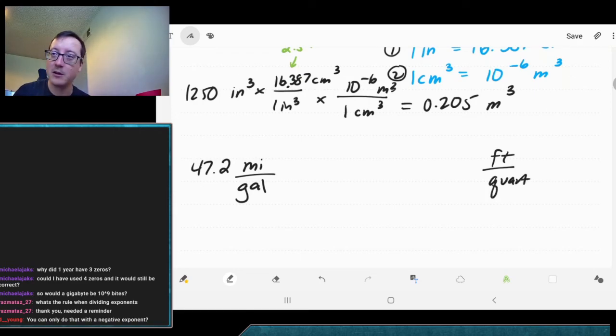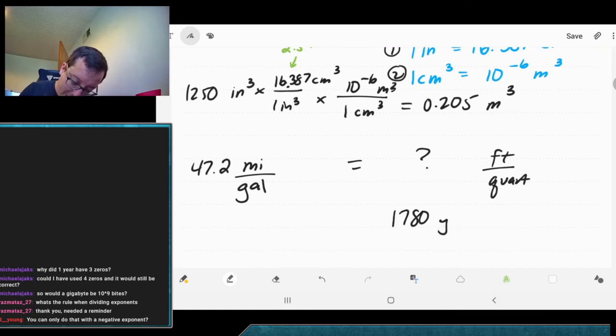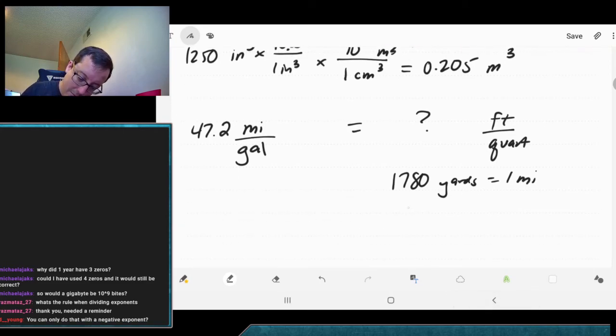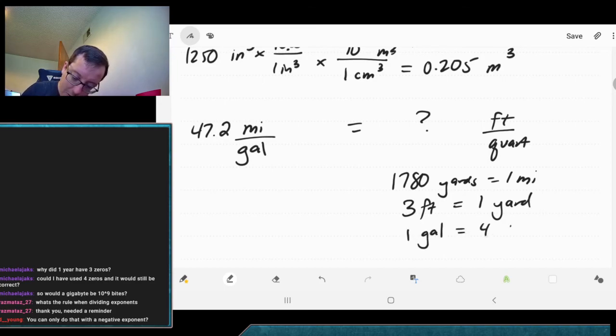It's a bizarre unit, but why not? This is a question I've given you. We can do this. I'm going to give you some conversion factors here. 1760 yards is 1 mile. 3 feet is 1 yard. 1 gallon is 4 quarts.